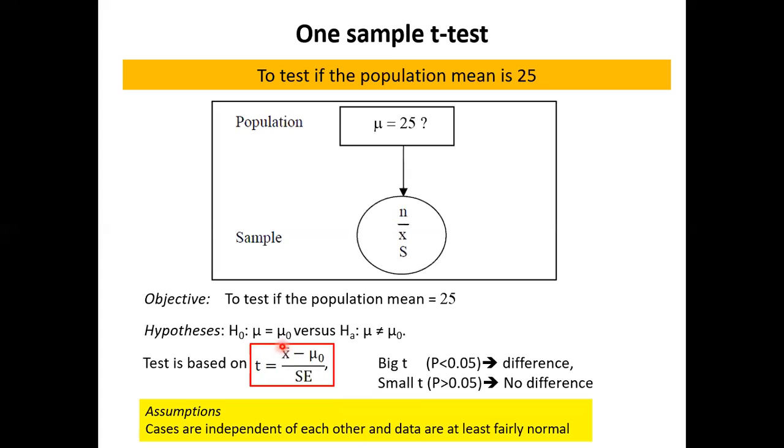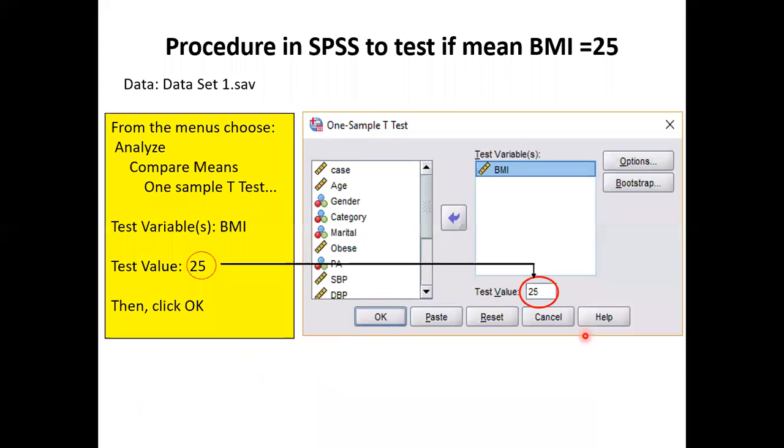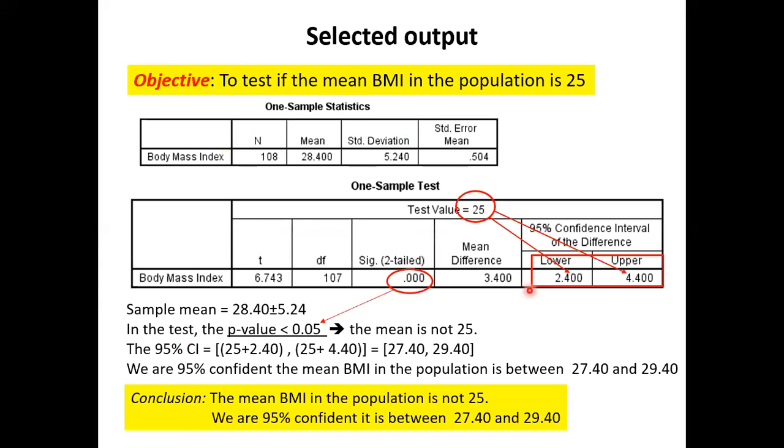So look at the formula. This is the sample value. This is the tested value. When you're talking about what you observe in the sample, is it far from the tested value? Here we're doing BMI, is it 25? And our descriptive says it is 28.4, this x bar, this mu naught. This and this, are they far apart?